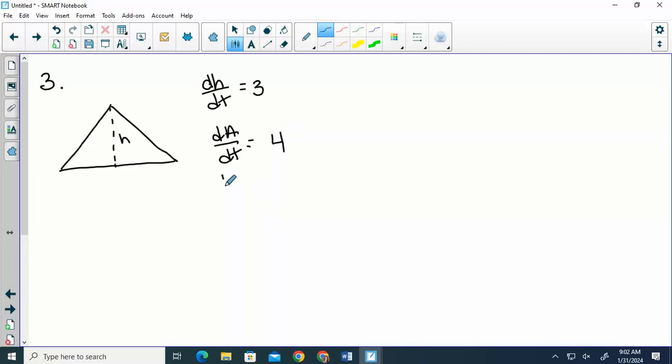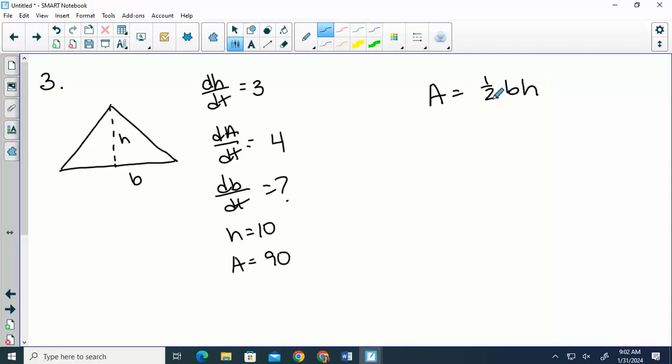We want to know how the base is changing. The base is like our bottom. At the moment when the altitude, or the height, is 10 and the area is 90. So I've drawn a picture, I have labeled all my numbers, and I know what I'm looking for. If I'm talking about area, what's the area of a triangle?